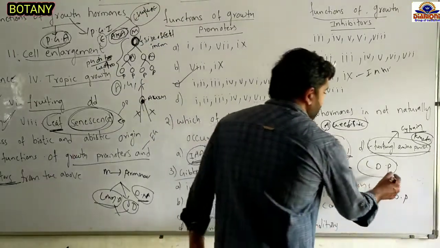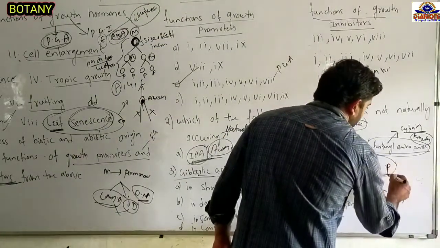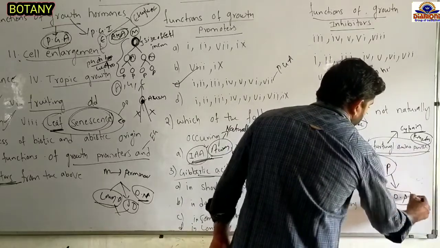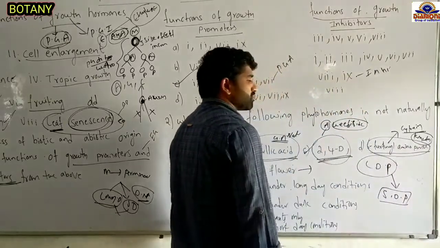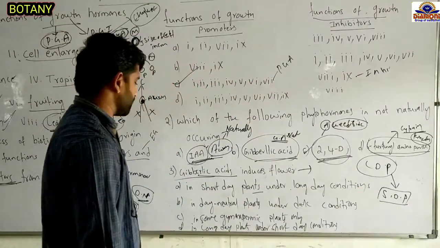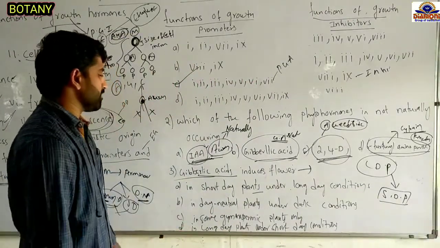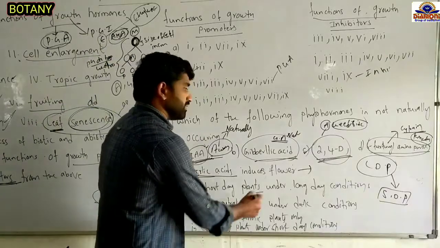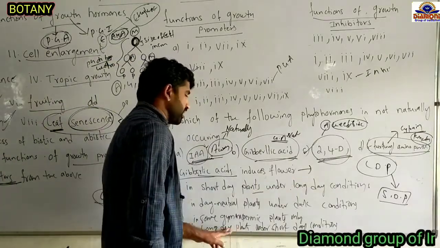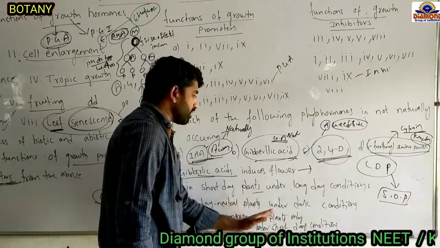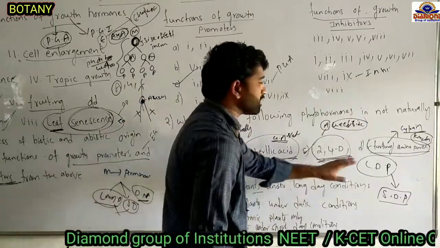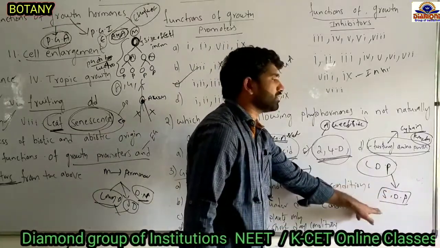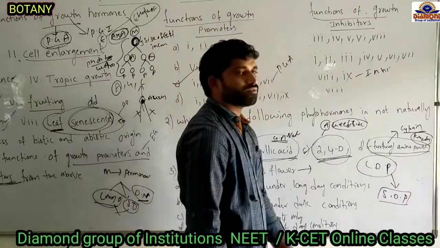Means in the absence of a long light phase, in the presence of a long dark phase, the plants will produce flowers. That is the character. So option D, in long day plants under the short day conditions. Long day plants, even in the absence of long light, in the presence of a long dark phase, will produce a flower.